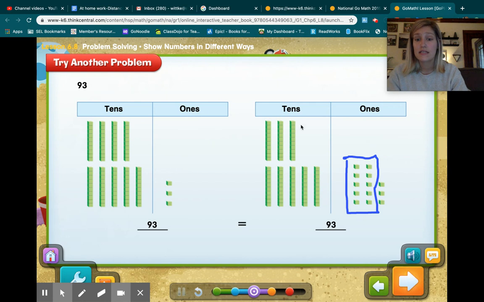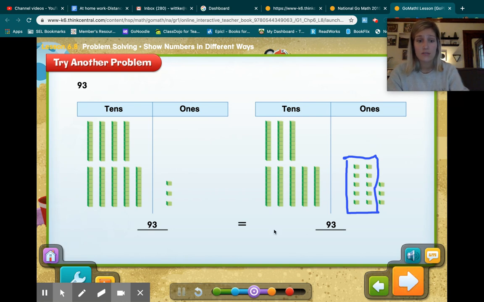So let's count by tens over here and count by ones to make sure that this is also 93. Count with me. 10, 20, 30, 40, 50, 60, 70, 80, 81, 82, 83, 84, 85, 86, 87, 88, 89, 90, 91, 92, 93.